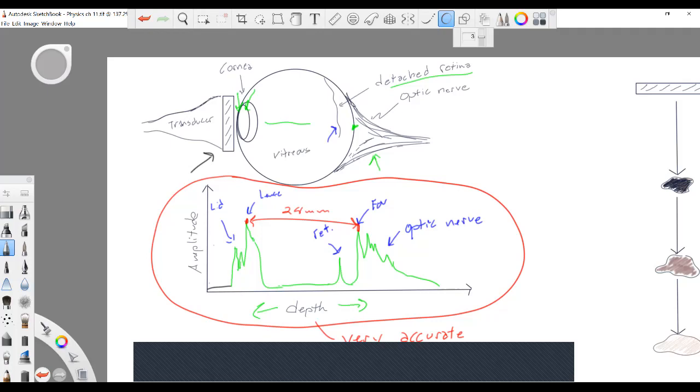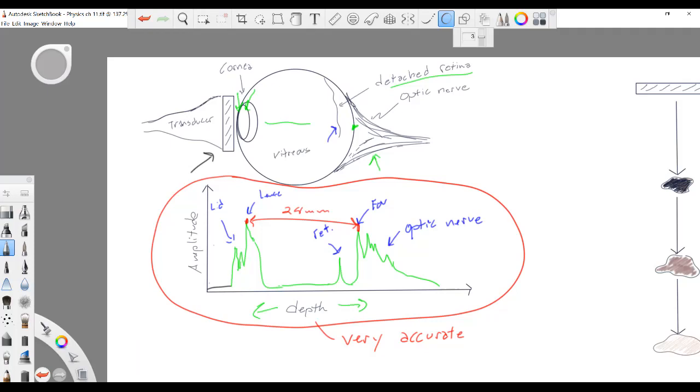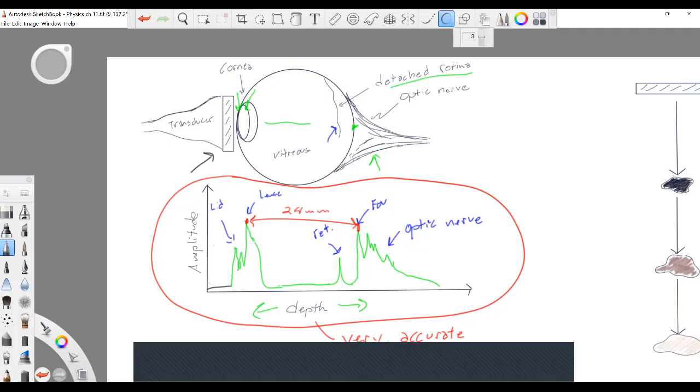And then the doctor says, oh, well, your eye is too short, or maybe it's too large. It's getting filled with too much vitreous humor and it's expanding, or however, whatever it is they do. I don't really know, but this is basically it. So it has very accurate depth.